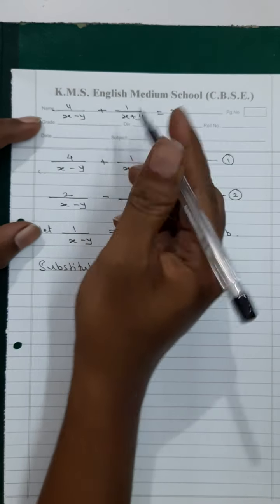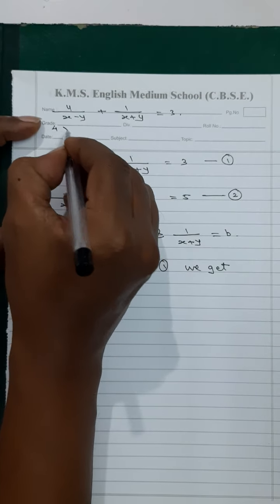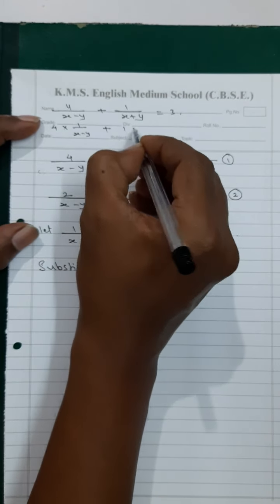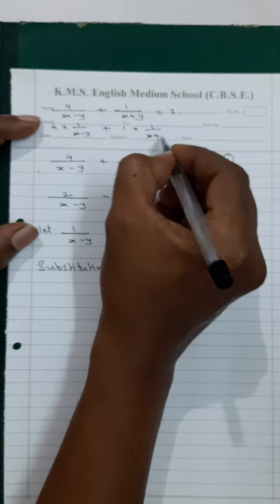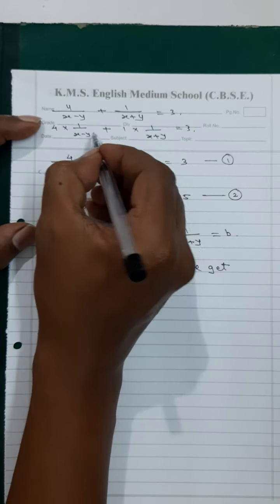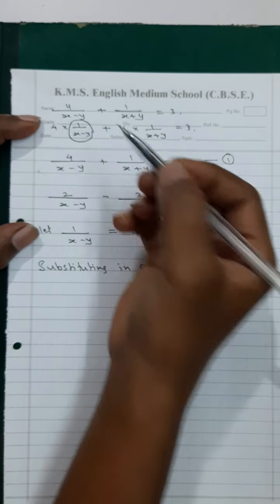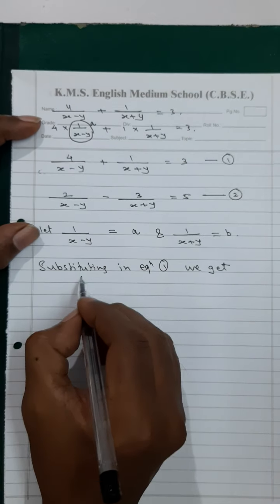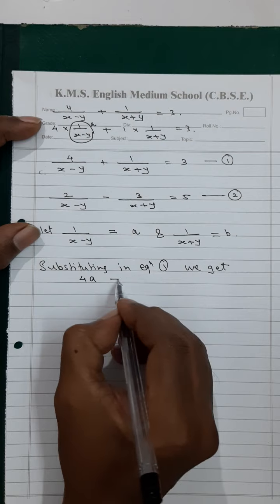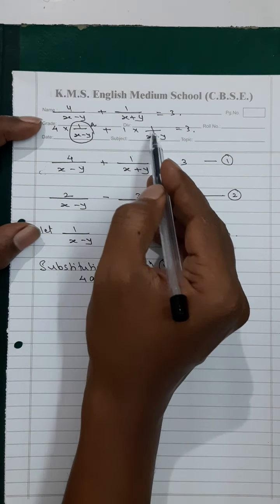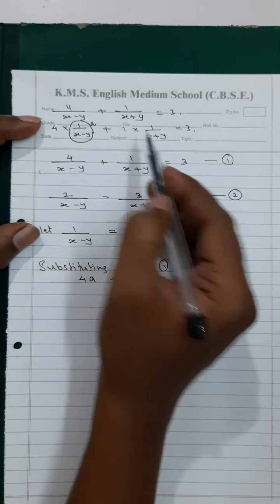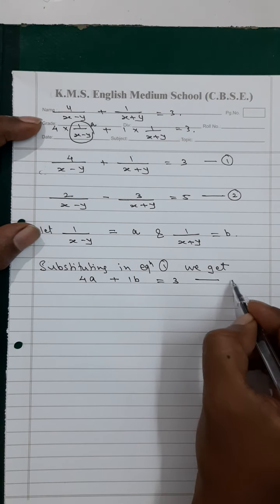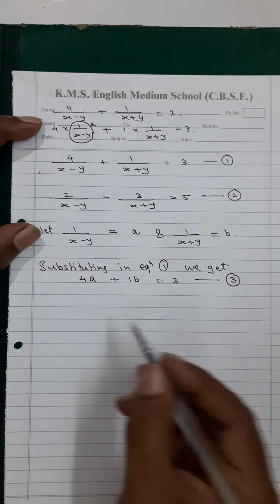If I separate them, 4 into 1 upon x minus y plus 1 into 1 upon x plus y is equal to 3. So in place of 1 upon x minus y, I am going to write a. This will be 4a plus 1 upon x plus y will be 1 times b, equal to 3. This will be my new third equation.